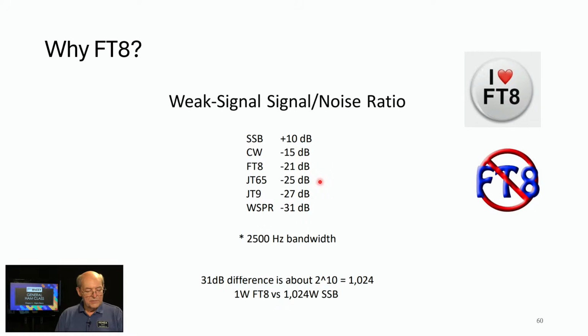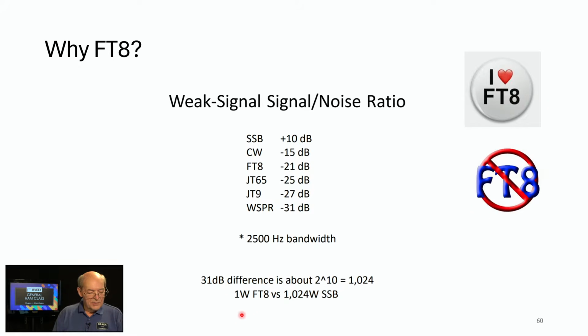JT65, the original moon bounce, was even more sensitive. JT9 isn't used very much, but it's more sensitive, and WSPR, that we'll be talking about, goes down to minus 31 dB. So you can kind of get an idea of why this works so well with weak signals. So we see the difference between single sideband and FT8, minus 21 to plus 10, it's about 31 dB.